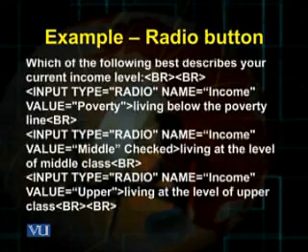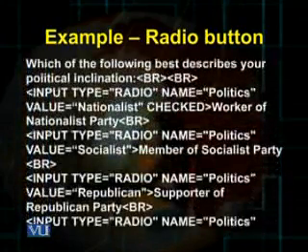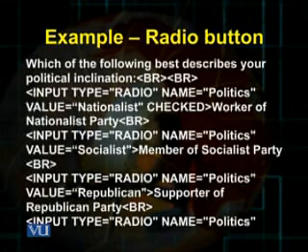For the second question of the survey, which of the following best describes your political inclination? There are 4 different options listed as answer to this question. Input type radio. Now the theme of the question is politics, so I have kept the value of the name attribute as politics.